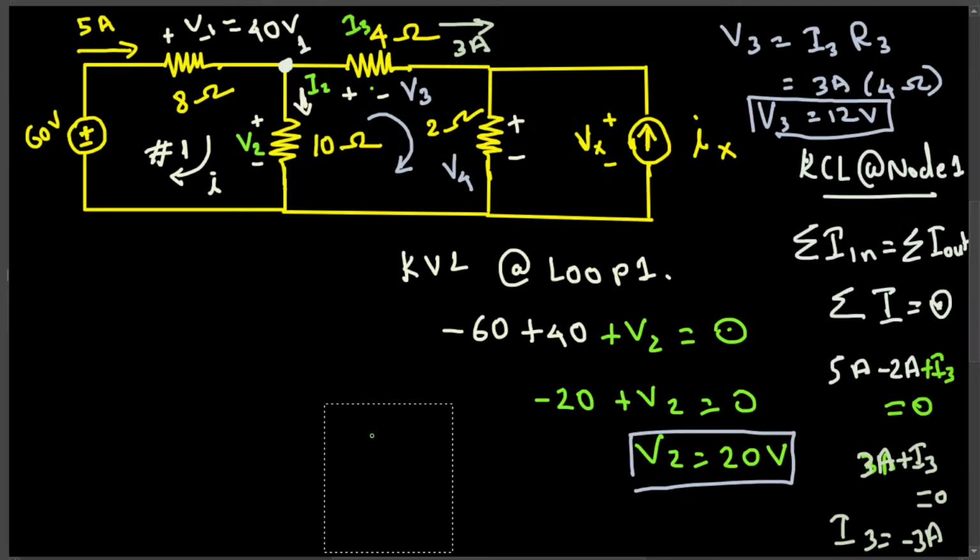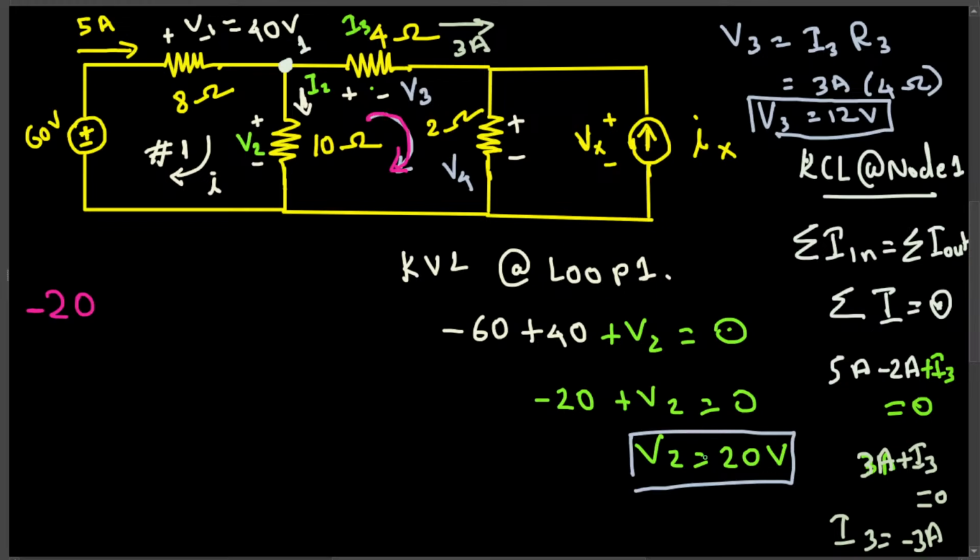According to Kirchhoff's voltage law, addition of all the voltage is equal to 0. So we know the V2, that is 20 voltage, and we have to assume a current direction. Let's assume the current direction is this. If it goes from minus to plus, that's minus 20, and here it's plus to minus.